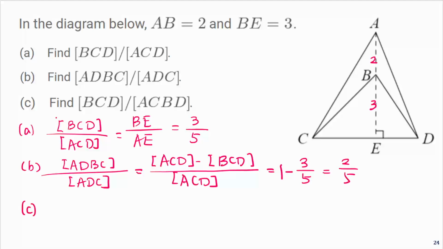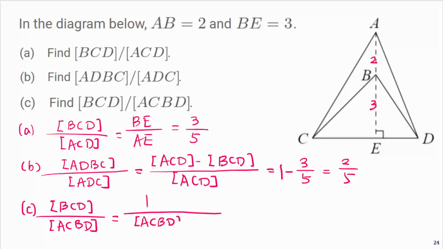For the third question, the area of BCD over the area of ACBD. So note that ACBD is this area here. So we can rewrite that to 1 over the area of ACBD over the area of BCD.